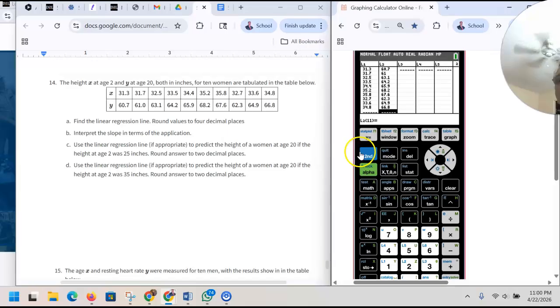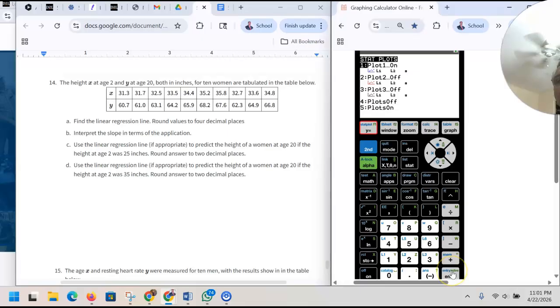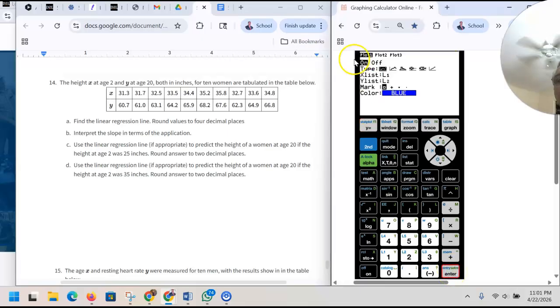So how do we do a scatter plot? Make sure this is second, this, go here, enter. There you go. Make sure this is on, then go down. If it is not on, if your calculator is showing this way, then you have to click on the left and enter, go all the way down and enter.